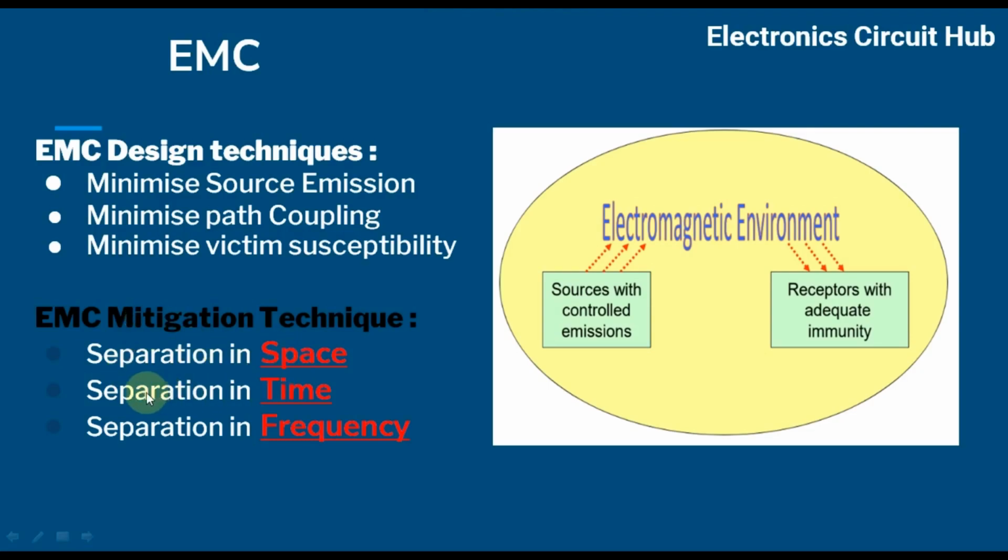Separation in space, separation in time, and separation in frequency. There are three parameters you have to follow to mitigate the EMC issue. This we have already understood: source with controlled emission and receptor with adequate immunity, right?